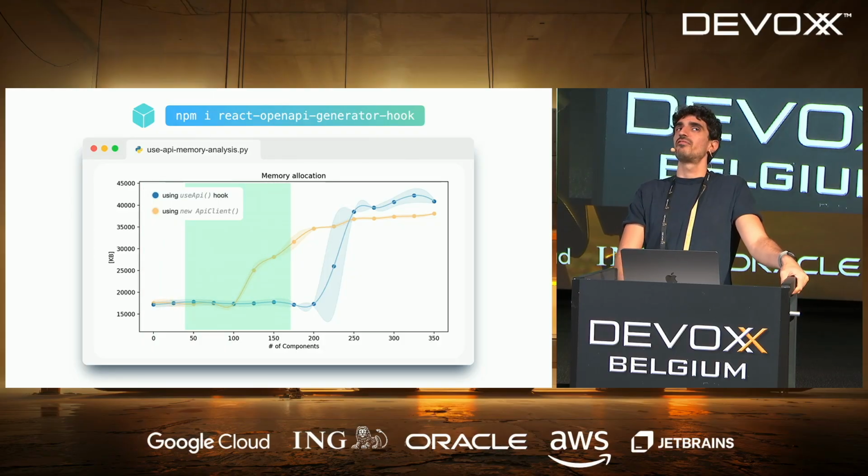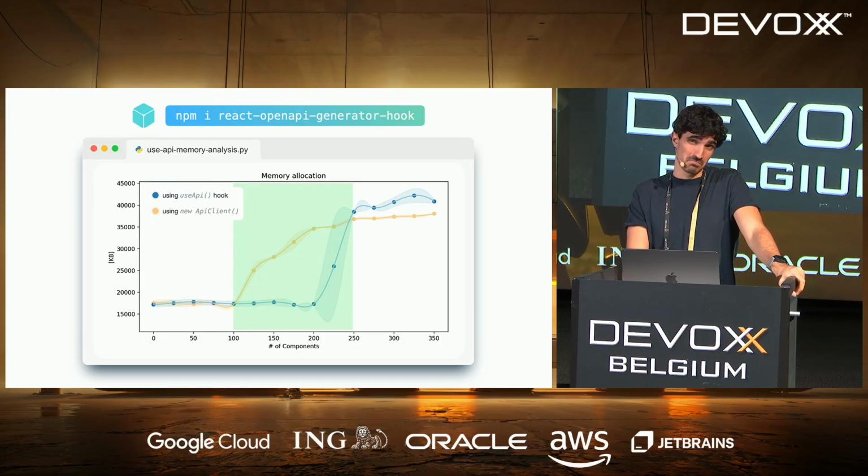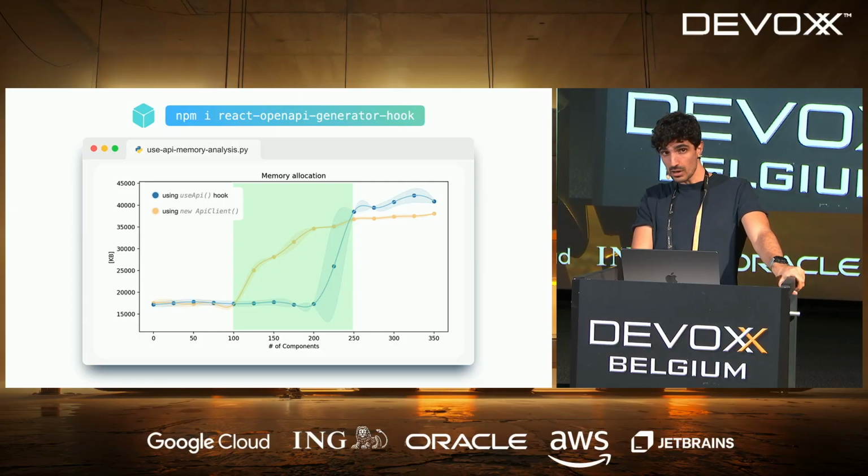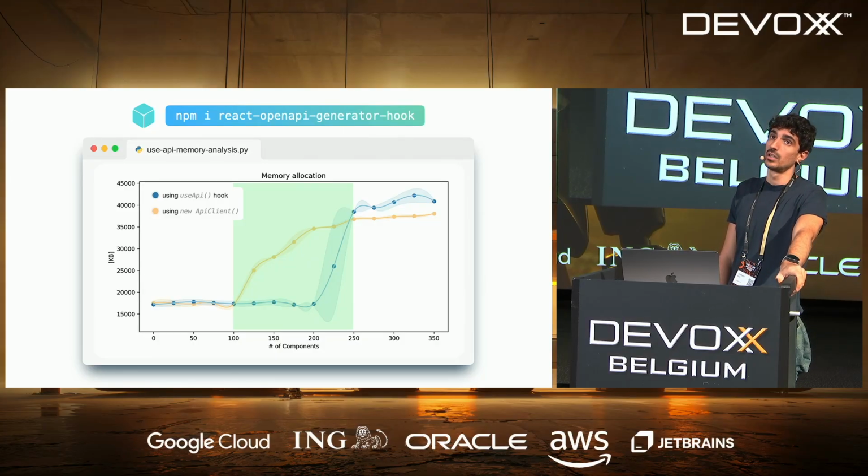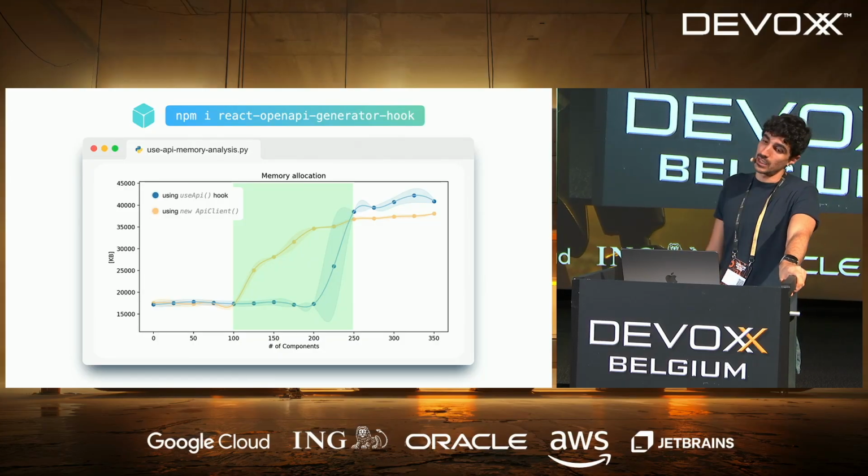But if you have a very large application, which is already a exotic case, I would say, that has between 100 and 250 components, well, it looked like the useAPI hook managed to save a lot of memory.